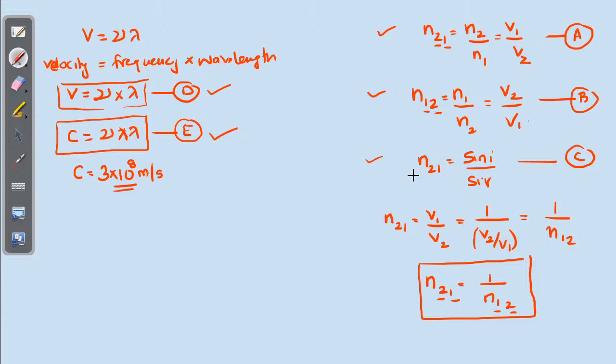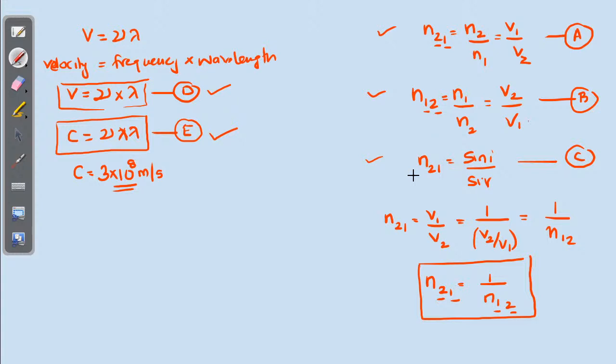Hope you understood the difference between absolute refractive index and relative refractive index. I'll give you one simple idea once again. Absolute refractive index is used whenever only one medium is provided, and whenever two media or a pair of media is provided, you have to use the concept of relative refractive index.